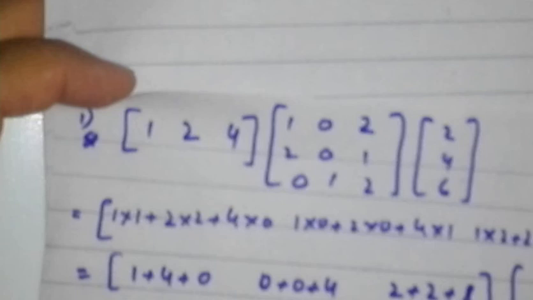Now 35 plus 8 and 40 plus 4. 35 plus 8 we get 43 and 44.